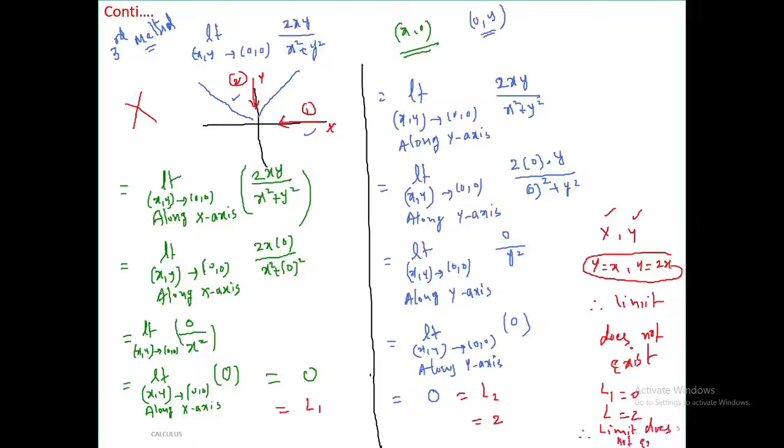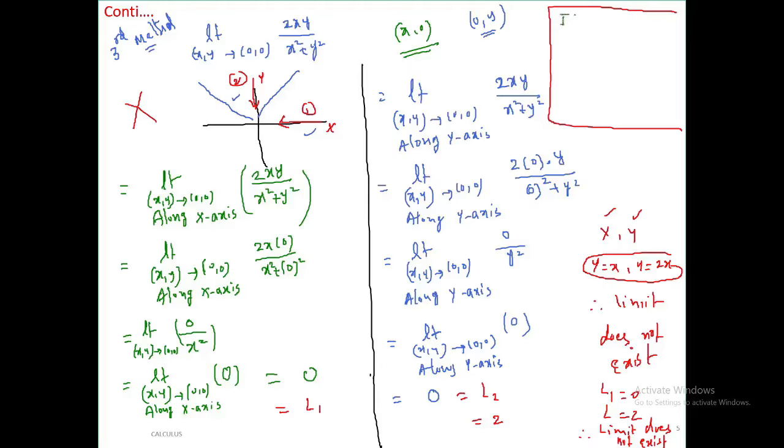That's it. For example, along these two paths x-axis and y-axis, you are getting limits 0 and 2, and you are choosing another two paths where limit is same. Again, conclusion is limit does not exist, because if there exists one particular pair of paths such that limits are not equal, then conclusion is limit does not exist. So don't get confused. Let me write here.